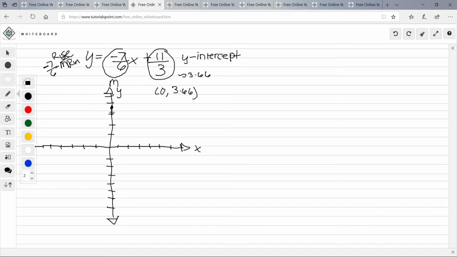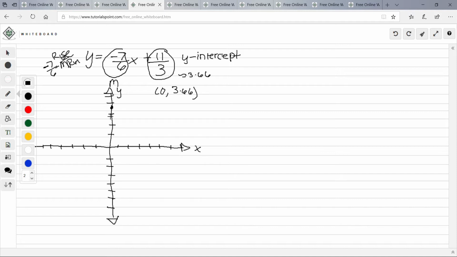So this is why rise over run isn't going to be good here, because we're dealing with fractions. So let's try to make the best of it. We have to go down 7. I'm just going to really estimate it. This is not going to be accurate because we have fractions. So this is half, this is 1, 2, 3.